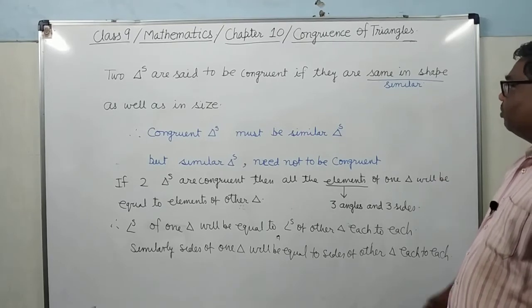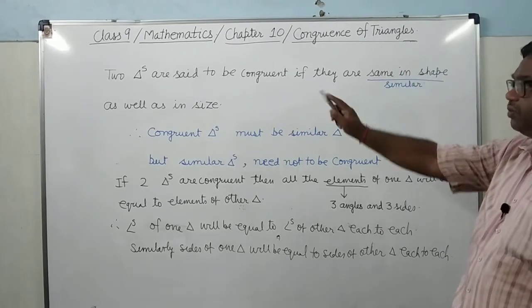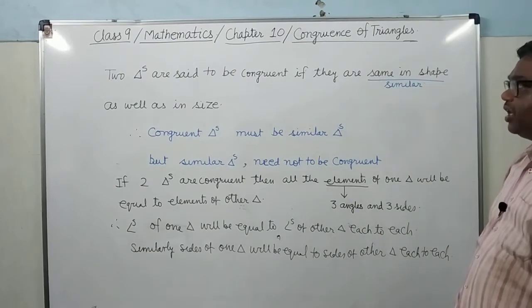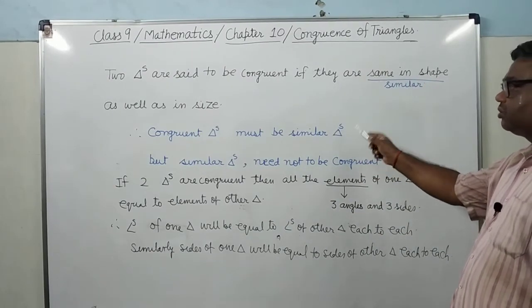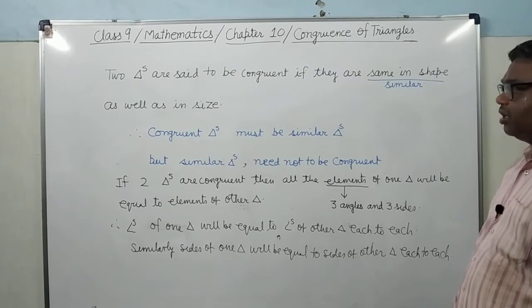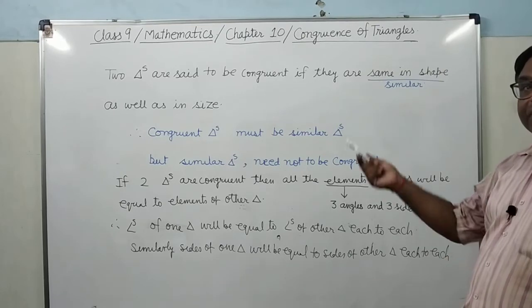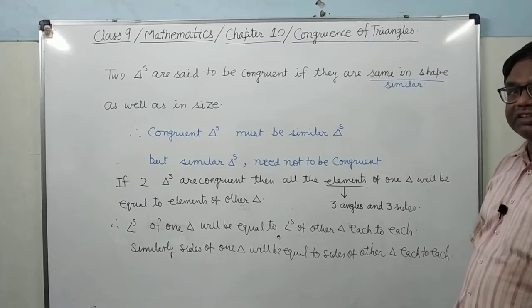Congruency means they must be same in shape as well as in size. Same in shape means they will be similar, so congruent triangles will always be similar. But similar triangles need not be congruent. They may be different in size. It's clear?